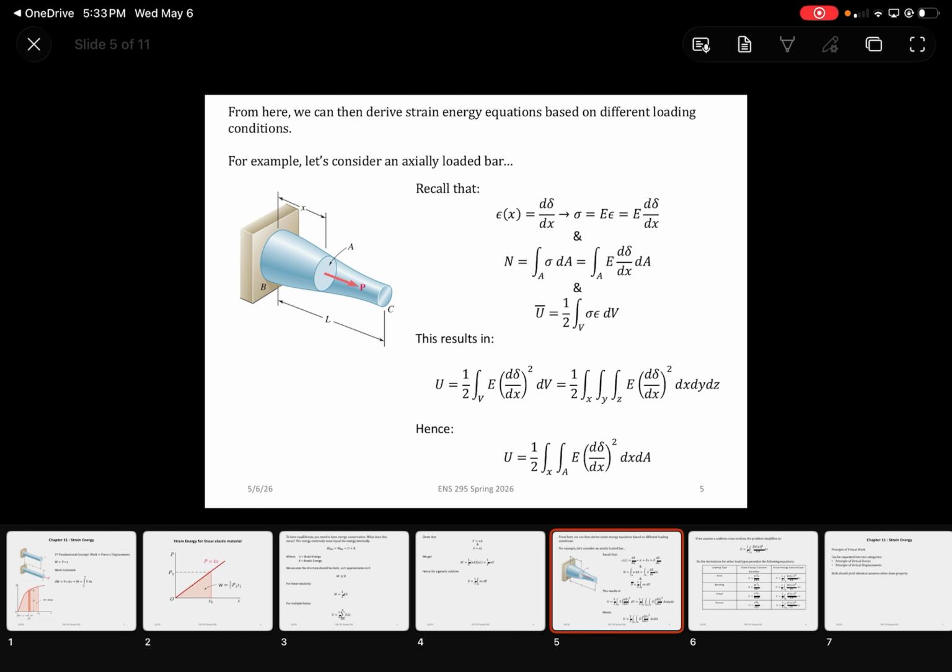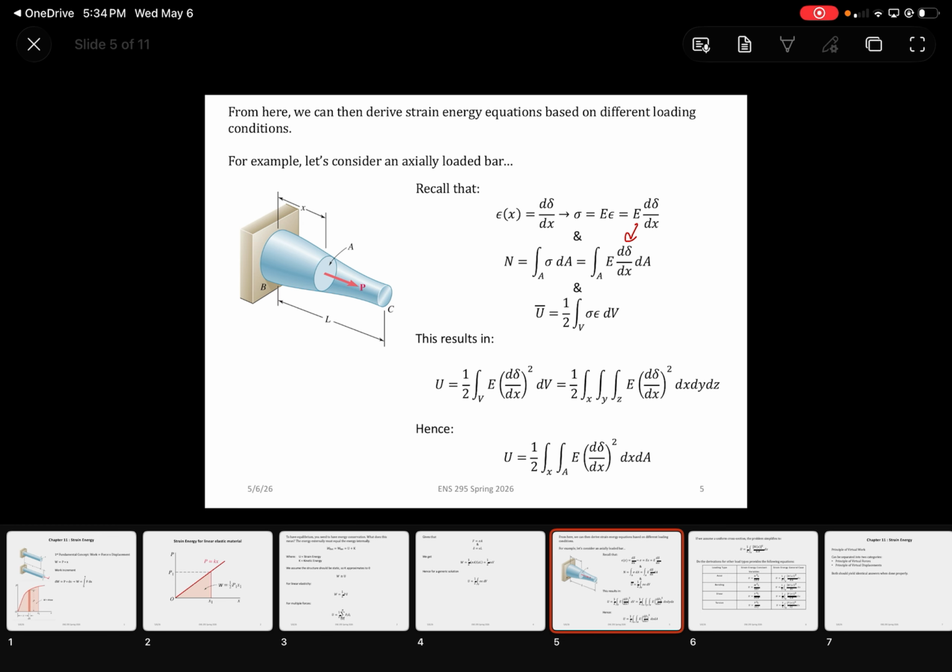Next, we recall the definition for axial force, which is the integration of the stress times the area. We replace our stress term with the term that we derived above, E d delta over dx, and then we, of course, integrate that with respect to dA.